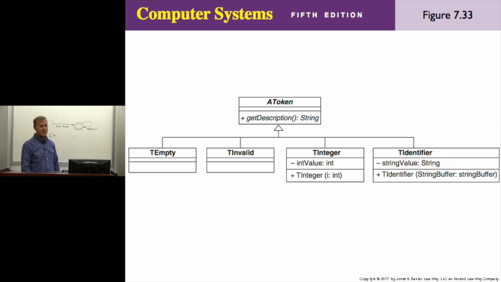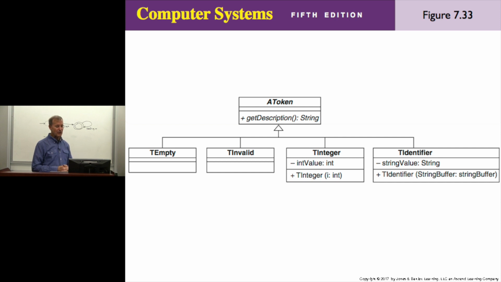Now let's take a look at some of the data structures that are going to be involved in this tokenizer. Figure 7.33 now is our UML class diagram. And what does it look like we have here? What do you suppose a token stands for? An abstract token. Notice that it's slanted font, abstract.